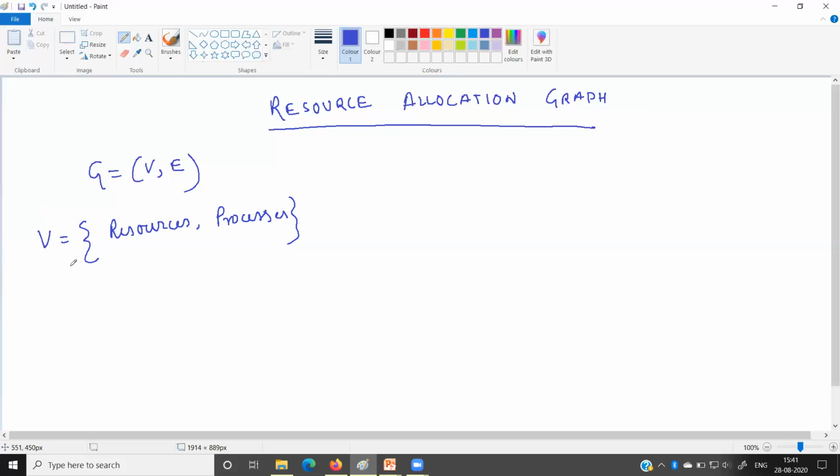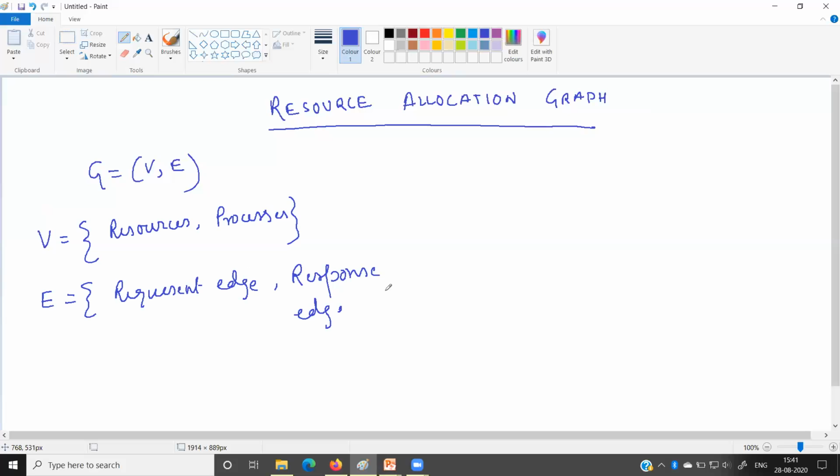And edges are of two types. One is called the request edge, and the second one is called the response edge.